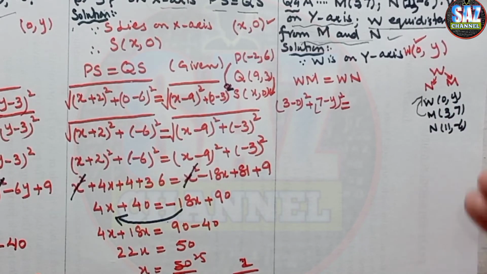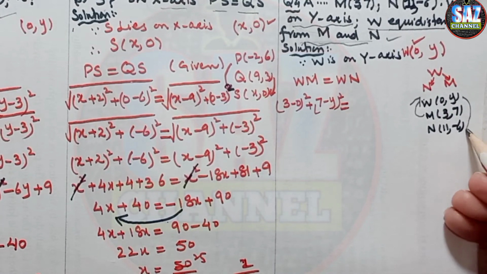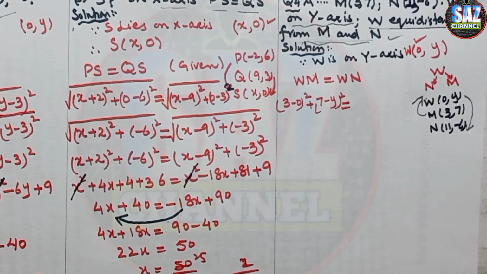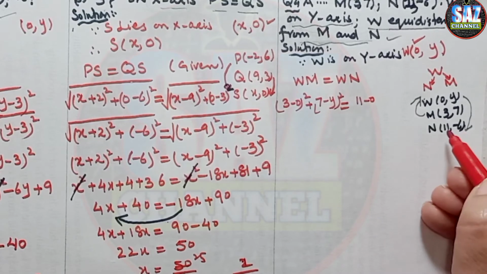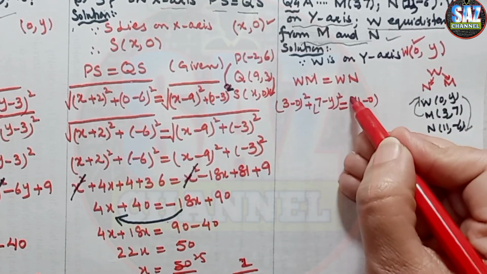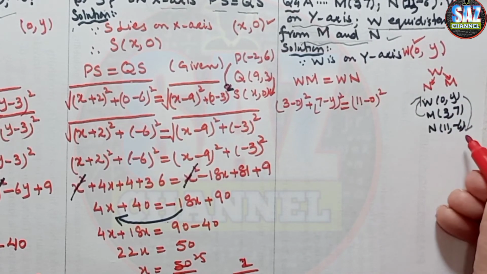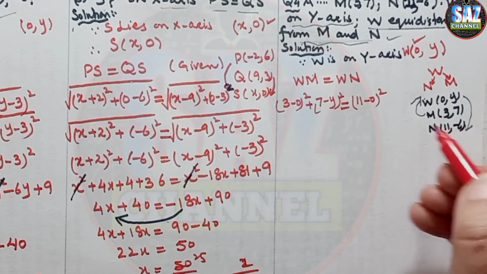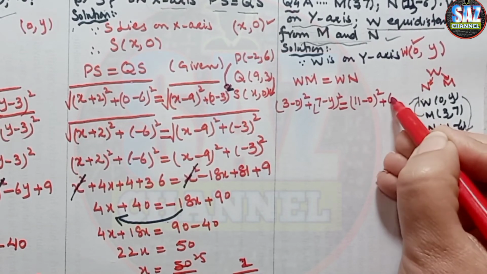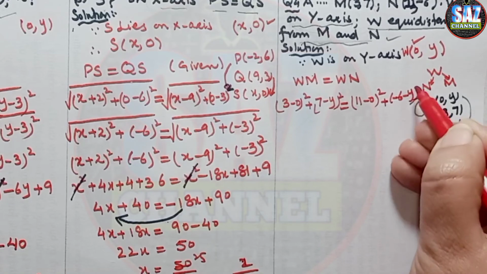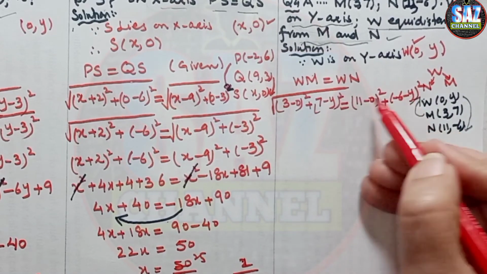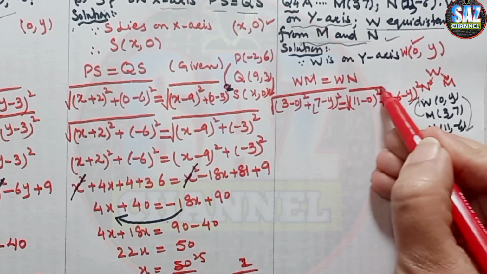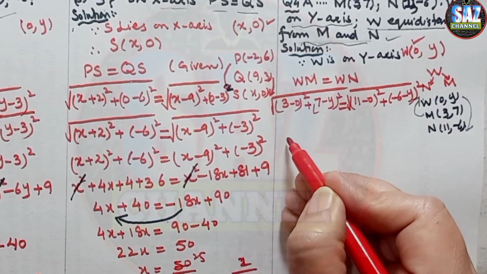Now we have to find the distance between W and N: (11 minus 0) whole square plus (minus 6 minus y) whole square, and we have to put both under the square root symbol as well. And let me move to the next step.